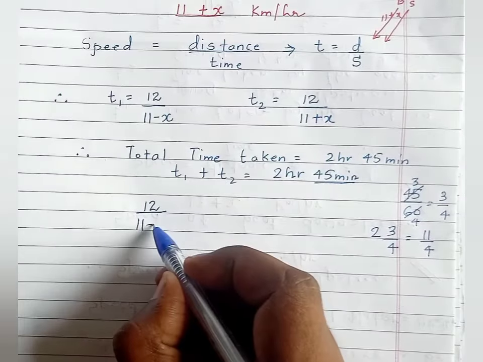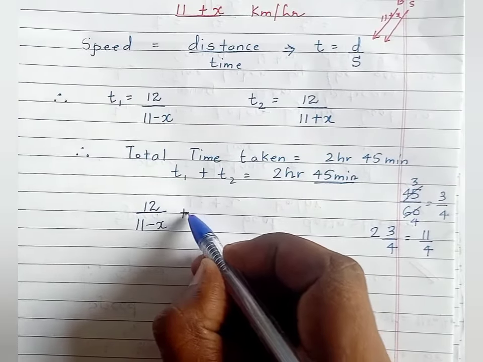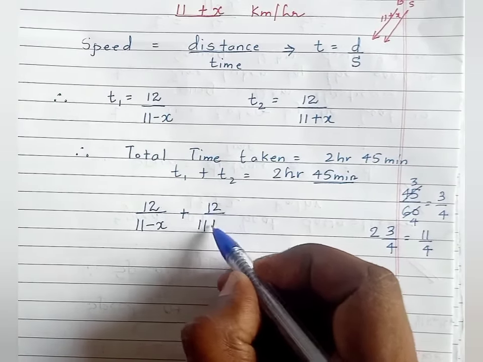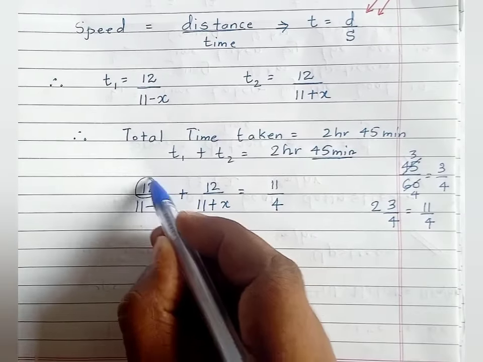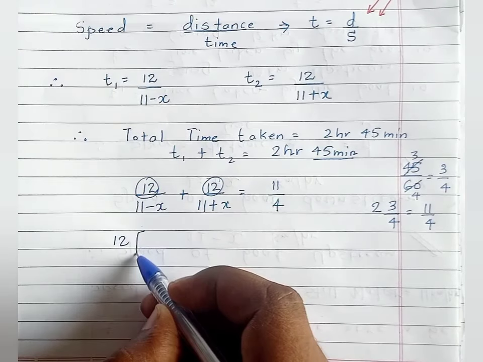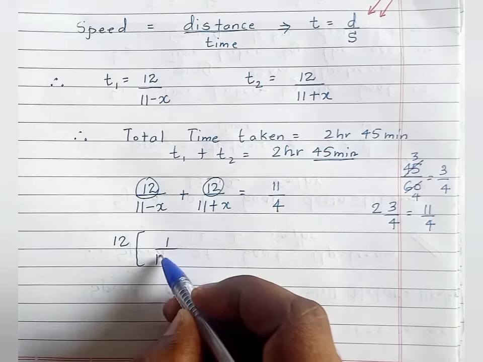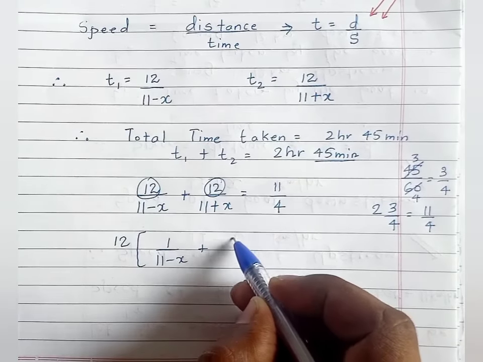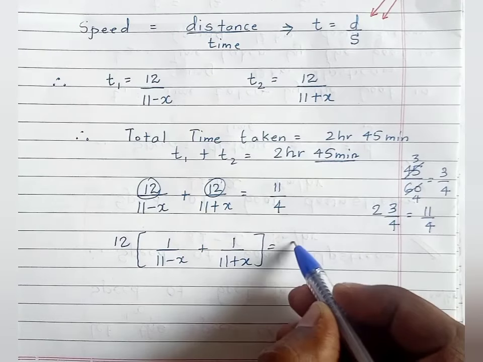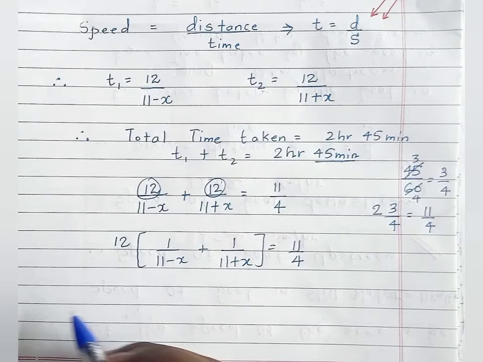So T1 is 12 by 11 minus x. T2 is 12 divided by 11 plus x. The total time taken is 11 by 4 hours. Now 12 is common, so I'll take that out. The remaining terms are 1 by 11 minus x plus 1 divided by 11 plus x equals 11 divided by 4.